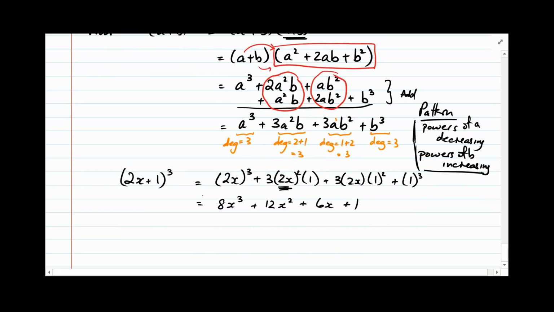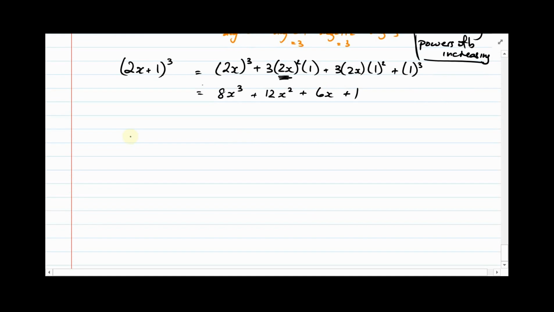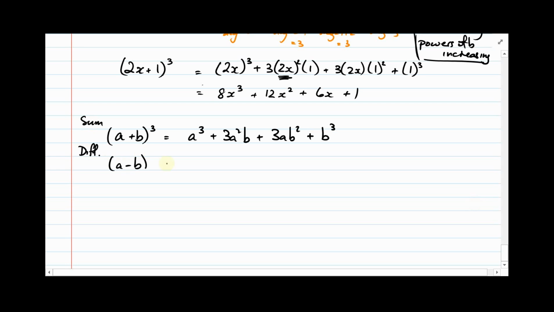And again, as I mentioned, I'm just giving you this one: a plus b all cubed is a cubed, 3a squared b, 3ab squared plus b cubed. If we look at the difference, then it's quite similar.